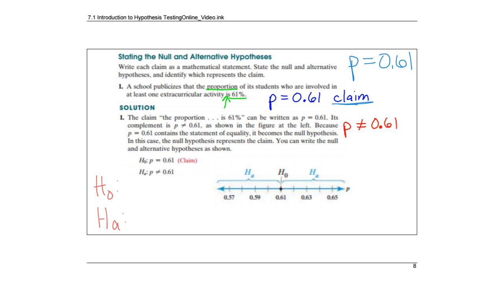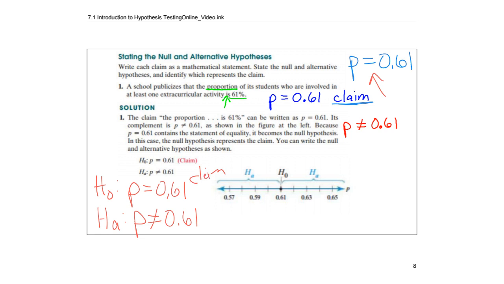For this one, it used the word is. That means equal to, so that has to go in the null hypothesis because it's an equal to. And that means that the complement, p not equal to 0.61, is going to go in the alternative. So for this one, our claim is in the null hypothesis.